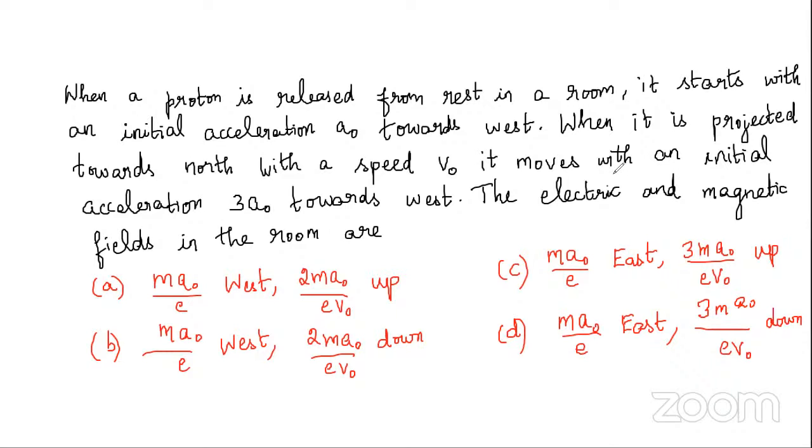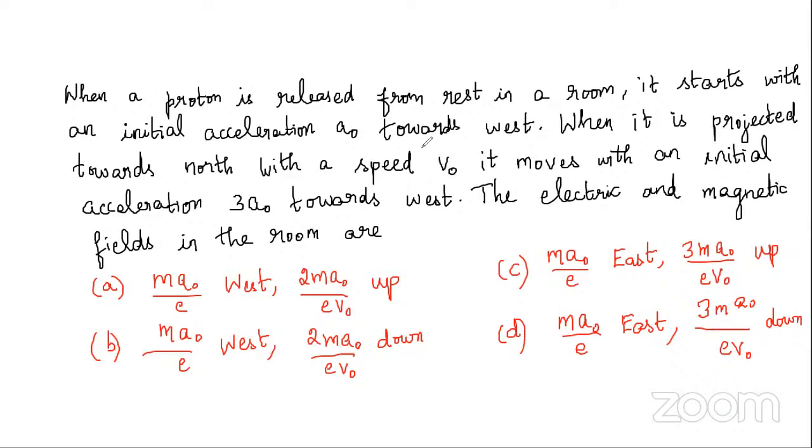So when you observe the question carefully, you can get some hint to simplify your procedure of solving the problem, because here a proton is released from rest in a room and it starts with an initial acceleration a naught towards west.